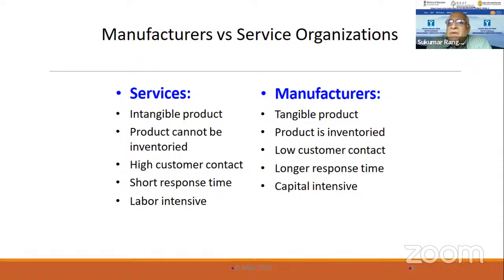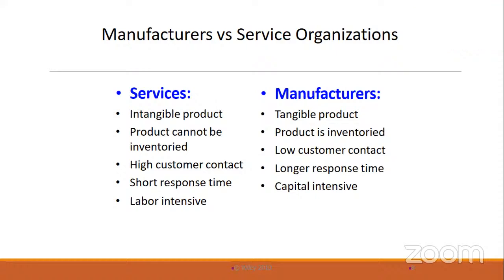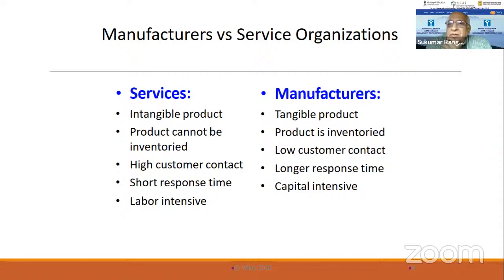What do you mean by inventory? Well, let's say you buy a bar of soap from a shop. Now, you don't consume the soap immediately in the shop. You bring it home, keep it in your stores or in the bathroom.